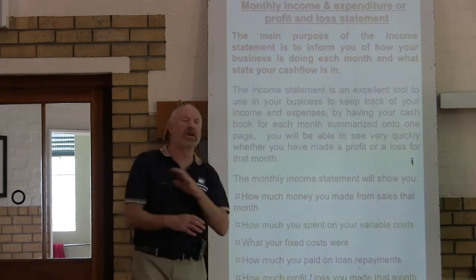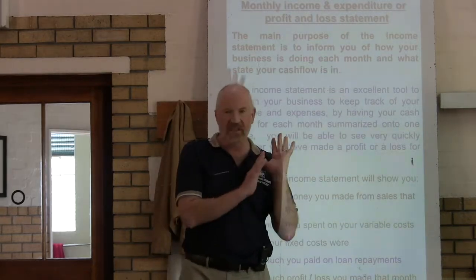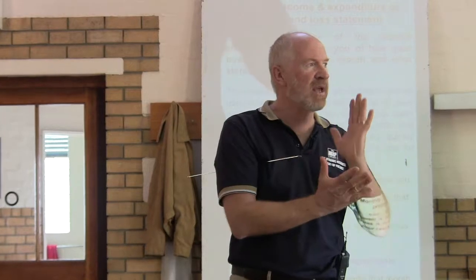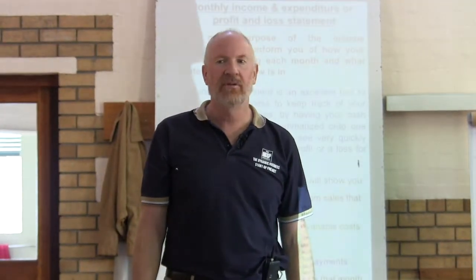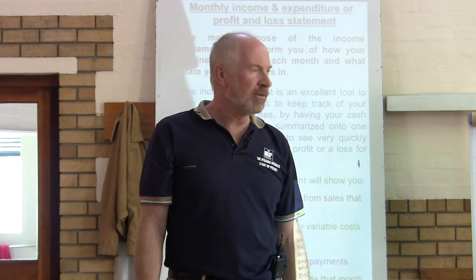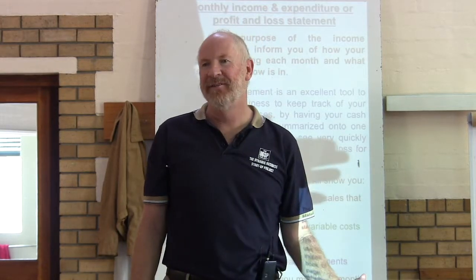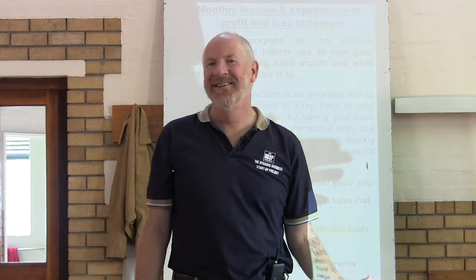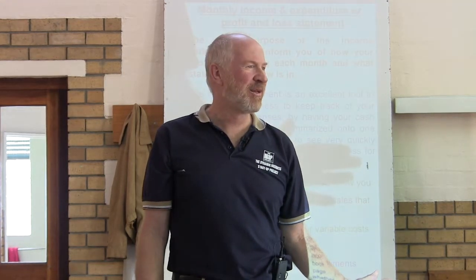Okay, so let me ask you a question. From what I've just told you on the board, how many income statements should we be having per year? No. 12. No. No. No. It's 12, because you see, actually Hani's not wrong.